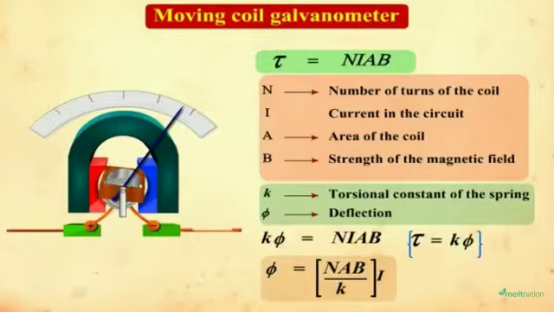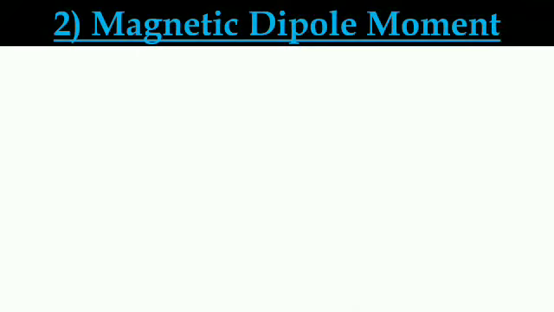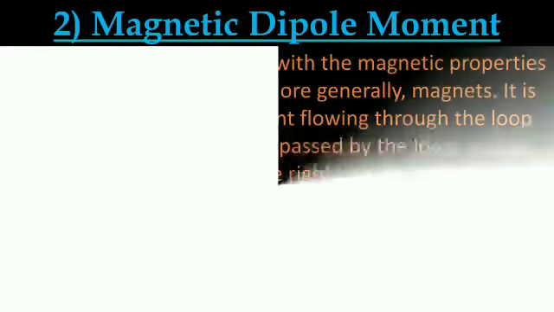The deflection and the current are related by the expression phi equals (NAB/k) times I. Here NAB upon k is the constant for the galvanometer. So with the help of theta, we can find the value of current in the circuit.